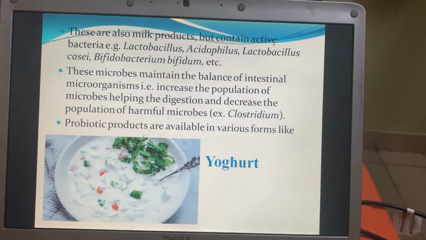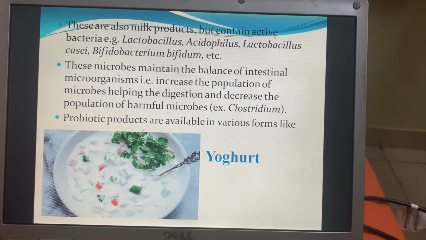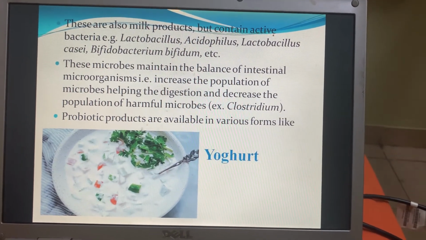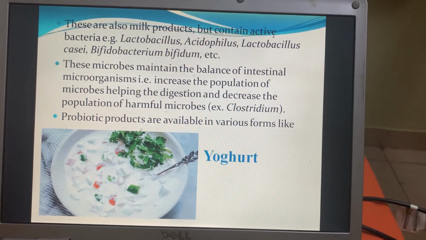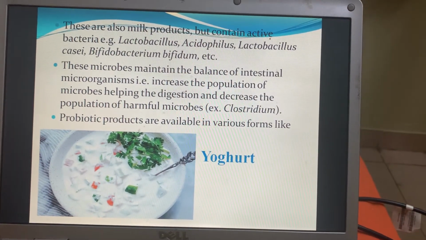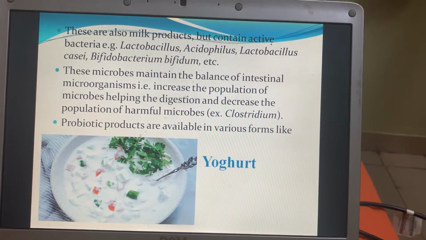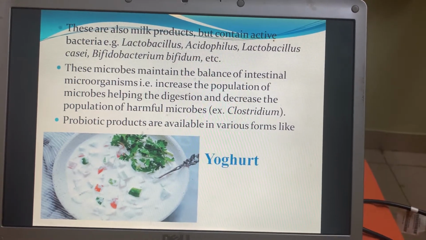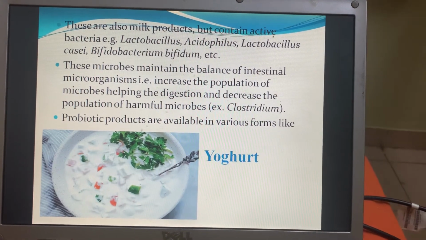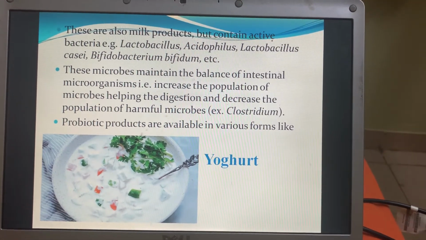Probiotics are very similar to milk products, but they contain active live bacteria. For example, lactobacillus acidophilus, lactobacilli casei, bifidobacterium, etc. These microbes maintain the balance of intestine.